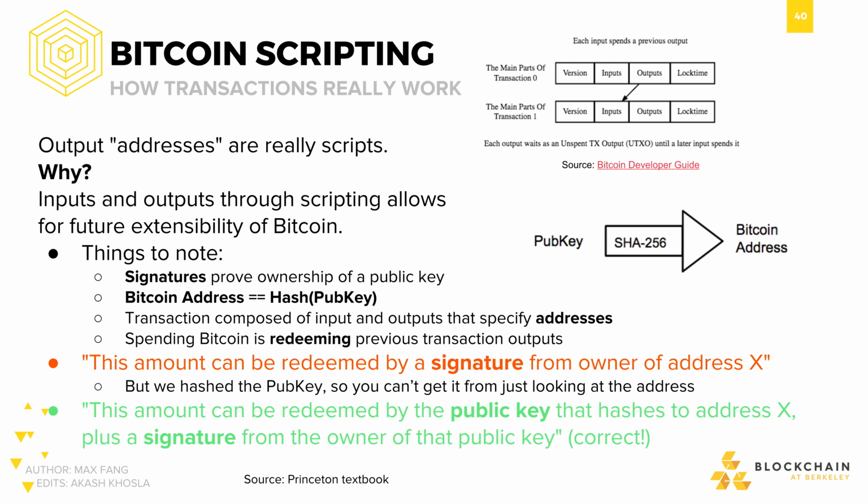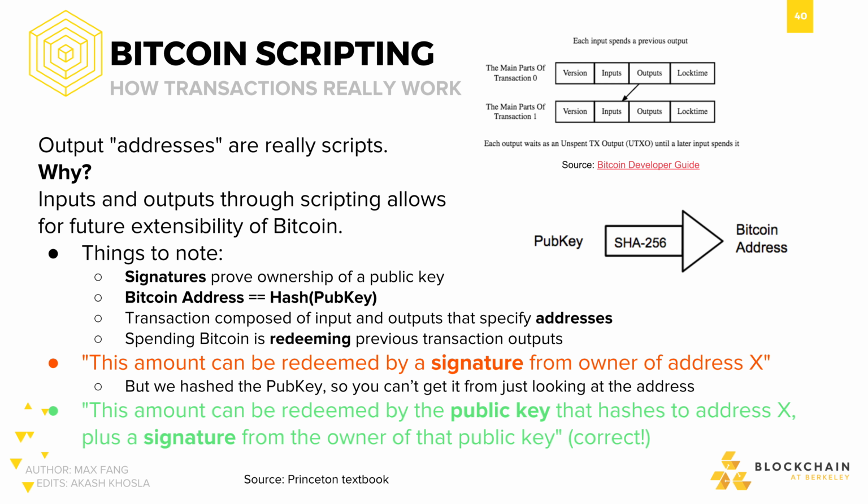So things to note: signatures prove ownership of a public key, as we went over. The digital signature is crucial for that because you need to be able to redeem your tokens, and you need to be able to sign off on that somehow. Also remember that the Bitcoin address is the hash of your public key that's generated from the DSA algorithm.